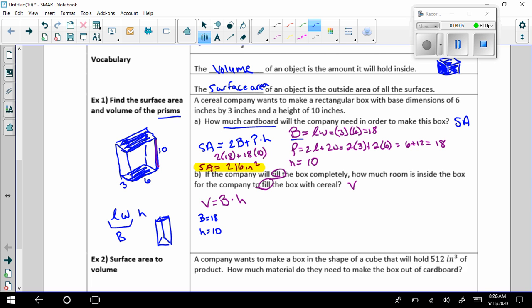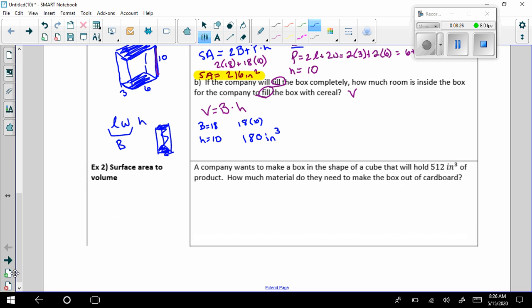Something like that. That is not a very good one. But anyways, where you have these triangular bases, this formula still applies. So we're just going to do 18 times 10, so 180, and this will be inches cubed.